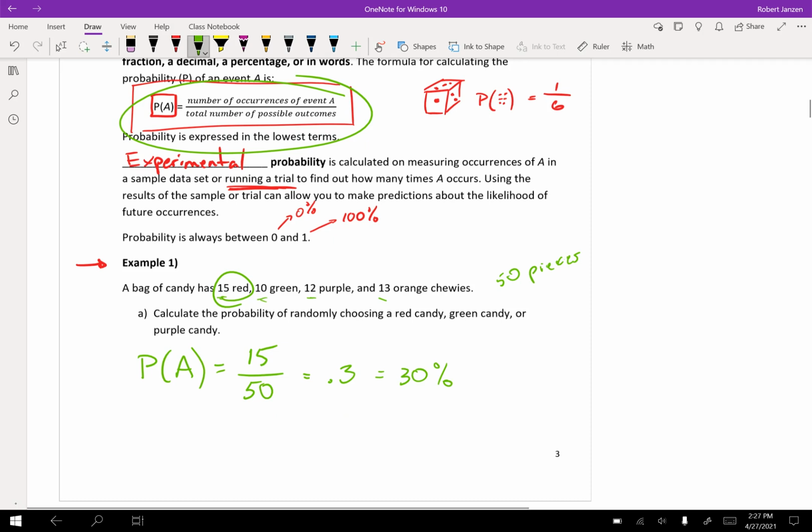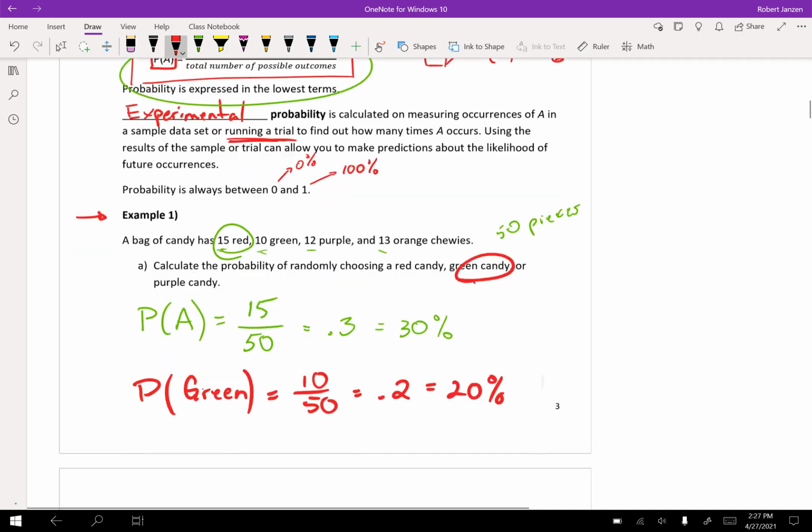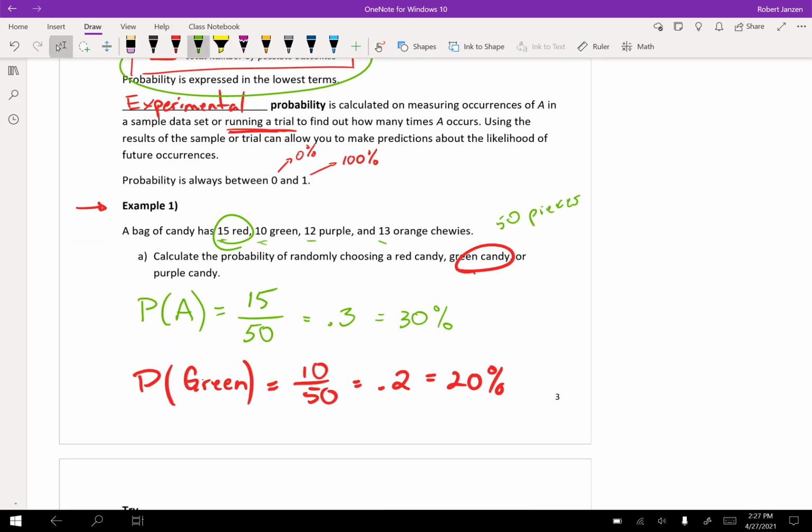Now we're supposed to do the green candy. What is the probability? Let's put G in here. The probability of green. Okay, there are 10 green out of 50. So if you wanted to put that in the calculator, this is going to be 0.2 or 20%. All right, and we'll try one more.